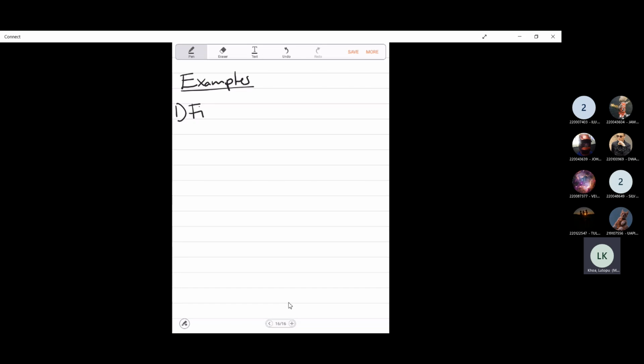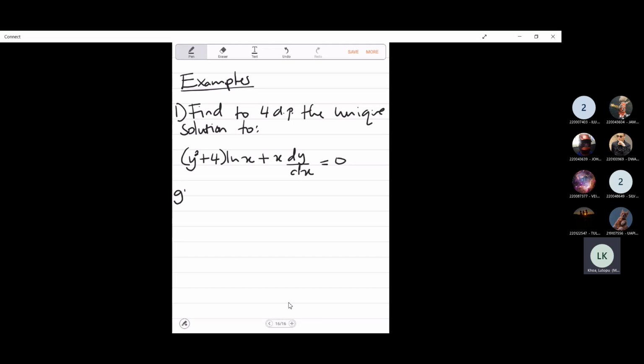One says, find to 4 decimal places the unique solution to this differential equation: y squared plus 4 ln of x plus x dy/dx is equal to 0, and we're given some boundary conditions.